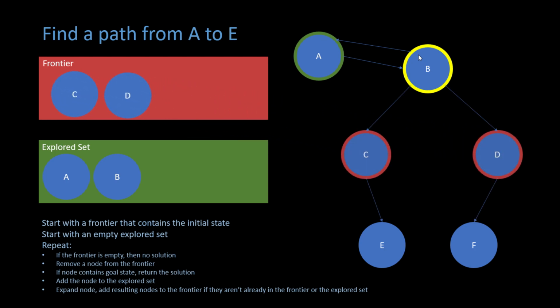I add C and D to my frontier, and since it's a queue-based frontier, I will first explore C. So I first go to the C node, and I will then expand C, adding E. But since D was first, I will then explore D, and I will add F to the frontier.